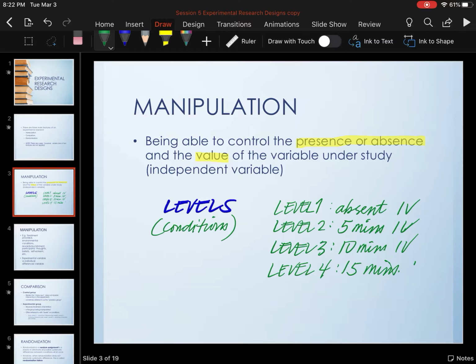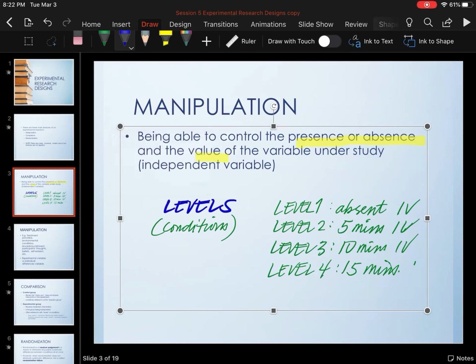You can sample your participants and then classify them into four groups. Each of the groups, except for one, so level 2, level 3, level 4, will all watch violent videos, but in different lengths.